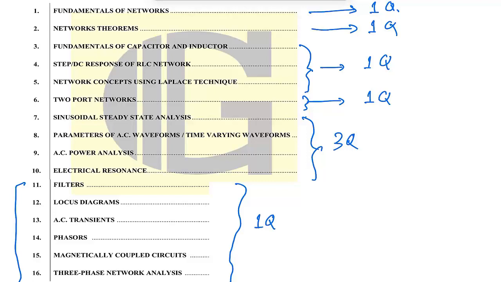And friends, let me tell you, to complete this course I take around 50 hours. I take the classes to complete the entire syllabus. Out of this, the fundamentals themselves take around 18 hours.